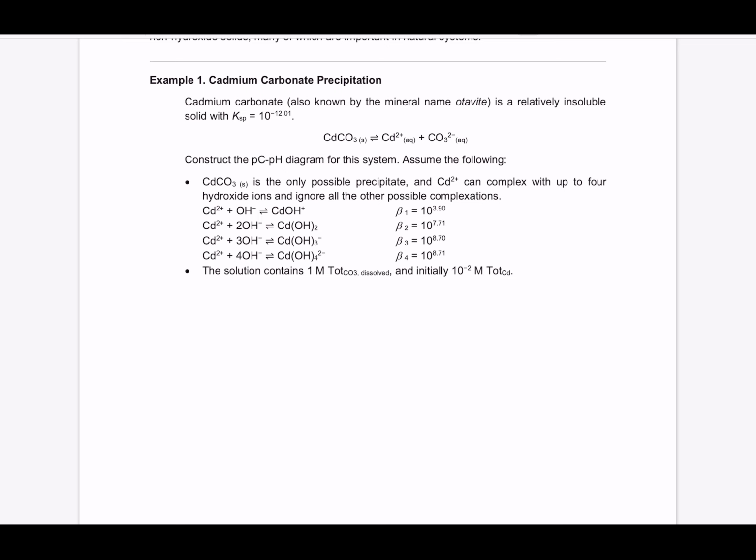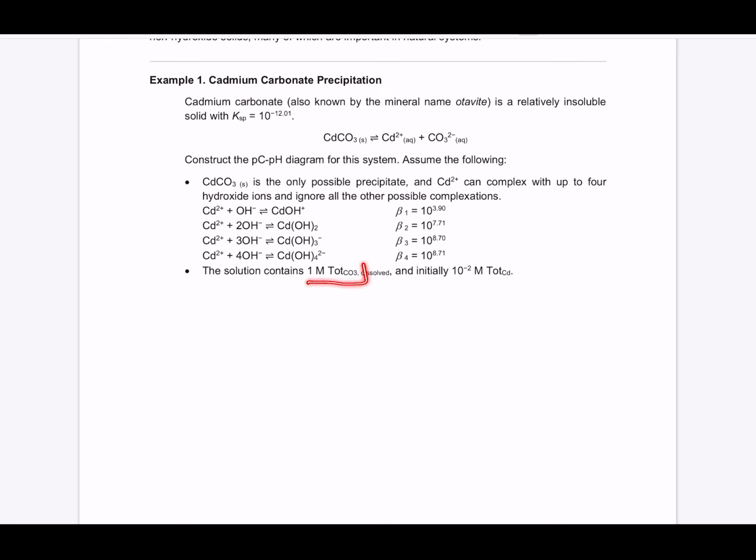One thing about this carbonate and cadmium is that cadmium might precipitate. So we have to go with a scenario of no precipitation and with precipitation, similar to the previous lecture. For no precipitation, we're allowed to use the total mass balance for cadmium. For carbonate, if we have precipitation, then we're losing some of the carbonate. That carbonate is leaving the system.